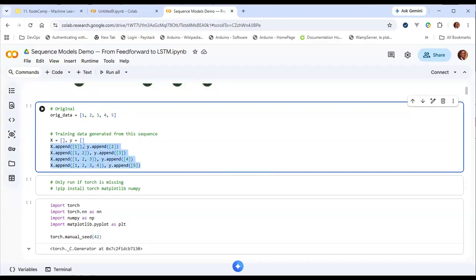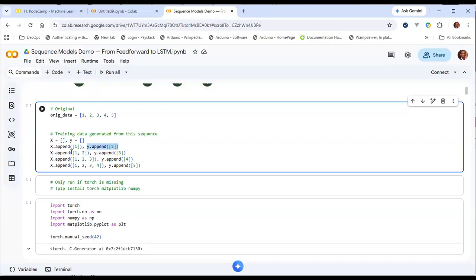So what this is saying is that the first data point, or sample, is generated by: if the only number in the list is 1, then y, which is the true value, what the model should be predicting, what you are training it to predict, should be 2.